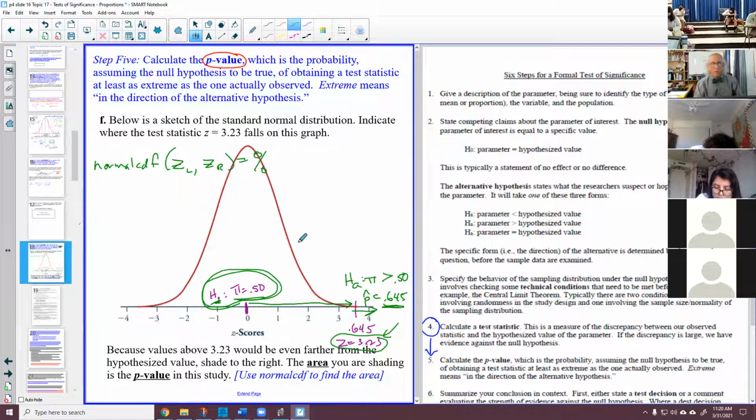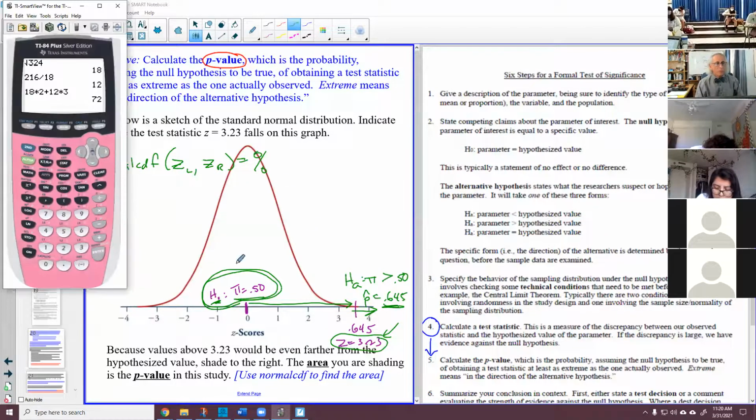That gives me a probability. So I think we can do that. Normal CDF, that's number 2. My left z-score, because it's right here and I'm going to the right, is 3.23. And my right z-score, since I'm going as far as I can possibly go, greater than 3.23, is going to be 99.